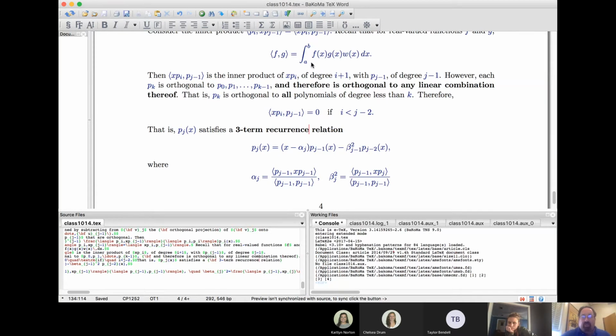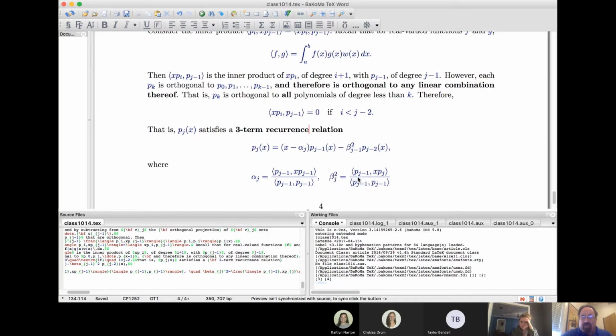But as I mentioned on Monday, the Chebyshev polynomials are an example of orthogonal polynomials on the interval -1 to 1 with a certain weight function. So that 3-term recurrence that you're familiar with for Chebyshev polynomials is a special case of this, where you just have the integral from a to b, from -1 to 1, and the weight function is 1 minus x squared to the -1/2. Okay. Now, there's something that I've glossed over here, and that is this.